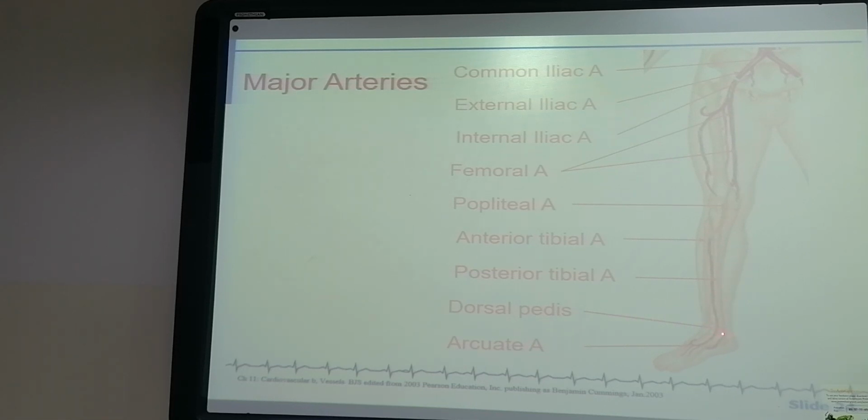Then at the foot, we have the dorsalis pedis artery and the arcuate artery, then small branches which supply the tissue.